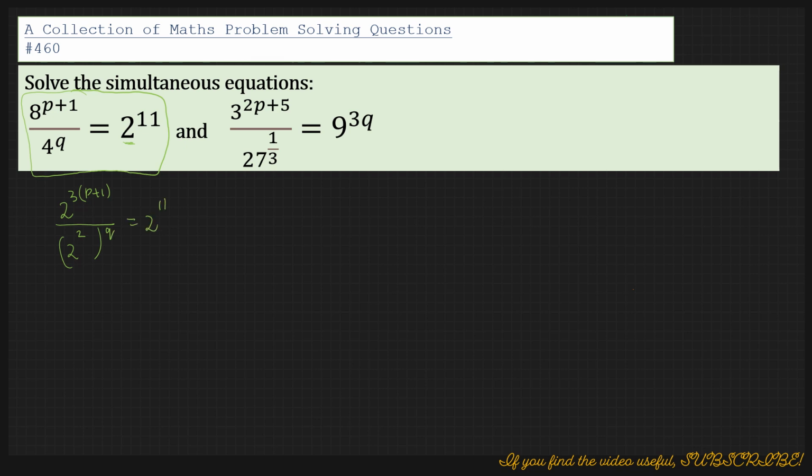I can simplify this. I can write it as 2 to the power 3p plus 3, divided by 2 to the power 2q, equals 2 to the power 11. So therefore 2 to the power 3p plus 3 minus 2q equals 2 to the power 11.